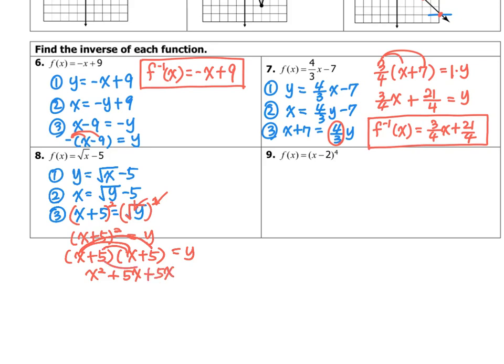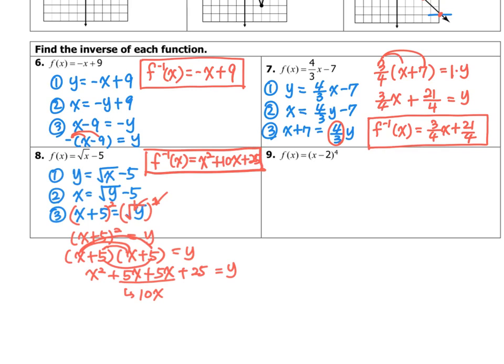And 5 times 5, 25, equals y. Combine the like terms, that will be 10x. So let's rewrite: f inverse of x is x squared plus 10x plus 25. Bam, we're done with number 8. Let's get on to number 9.